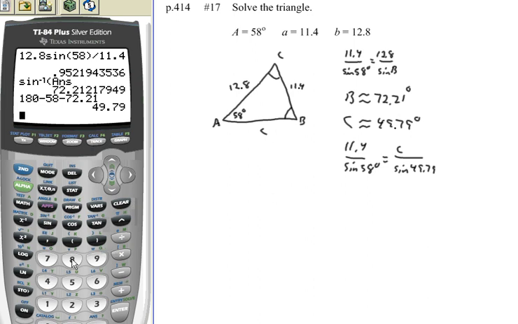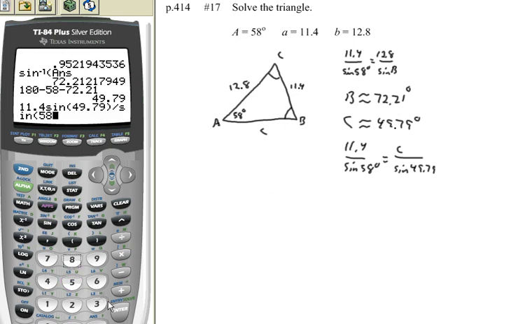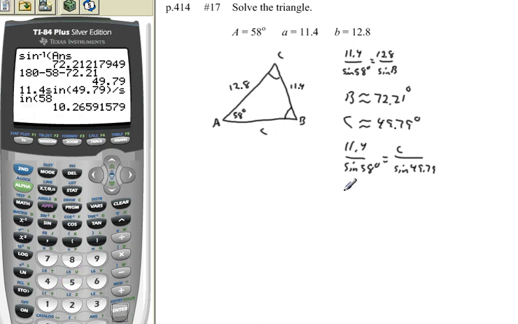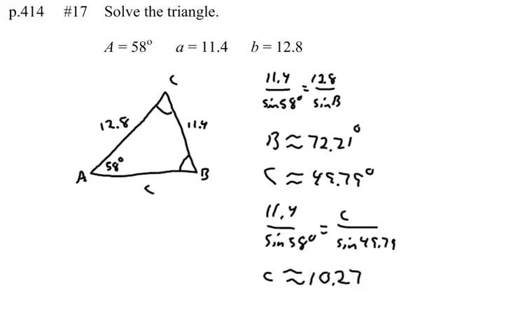Okay, so let's solve this. 11.4 times the sine of 49.79 divided by the sine of 58 degrees gives me side C, which is approximately equal to 10.27. Okay, so we have solved this triangle.